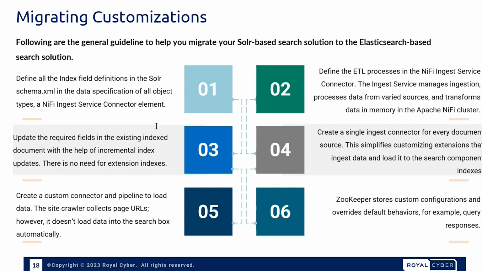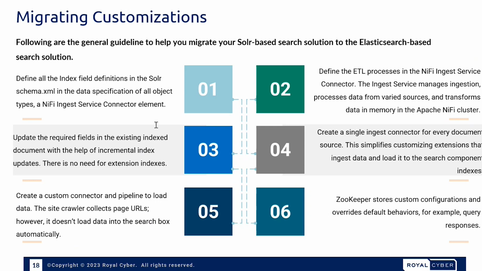Pre-process configuration is no longer defined in XML files, and there are no temporary database tables needed for flattening of the index data. The new ingest service handles the extraction or ingestion and has the flexibility to process data from many different sources and to transform the data in memory in a high performance Apache NiFi cluster. The ETL processes are defined in the NiFi ingest service connector.